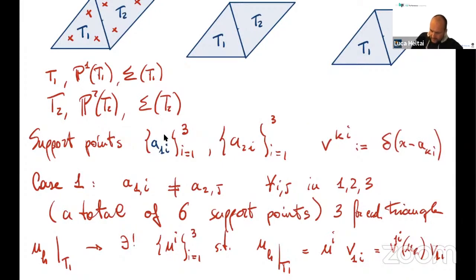Let me write this more correctly as a linear application of the duality, to make sure that this is an integral, so that it is actually the evaluation of UH at AKI, which is exactly UH on AKI of V1I.